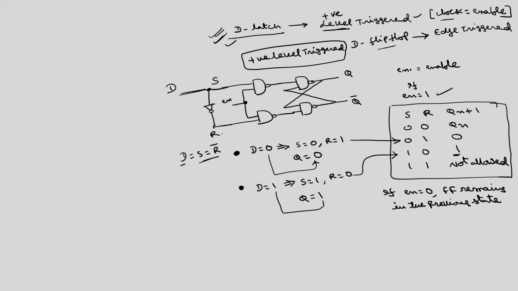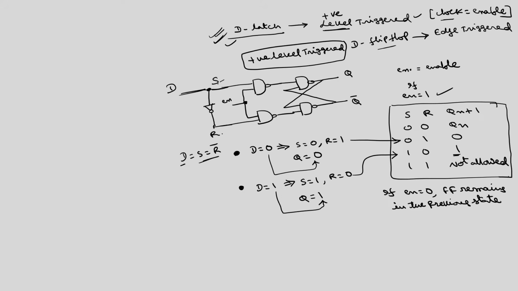The same input is transferred to the output. So, in case of the D latch, there is no need of a master slave flip flop; you can use a simple SR flip flop to derive the D flip flop. But this is not the case for the T flip flop. We cannot derive the T flip flop from SR in a simple manner by shorting S and R, because the 1 1 condition is not allowed here.